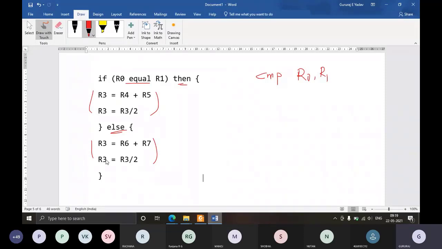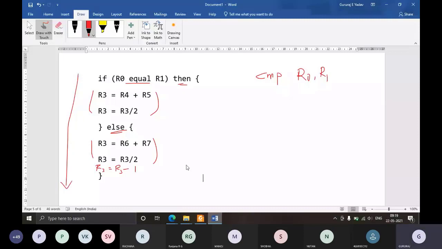Since there are only 4 statements that need to be executed, I can do this using IT instruction, because IT supports a maximum of 4, and here there are only 4 statements. So hence we'll go for IT. If there was a 5th statement here, for example, if in the else part there was one more statement, that is R3 equal to R3 minus 1, then we cannot implement this in IT instruction, because there would be 5 statements but IT supports only 4.